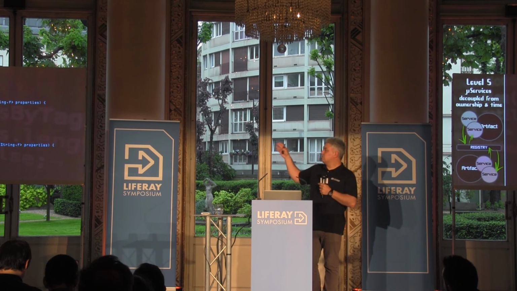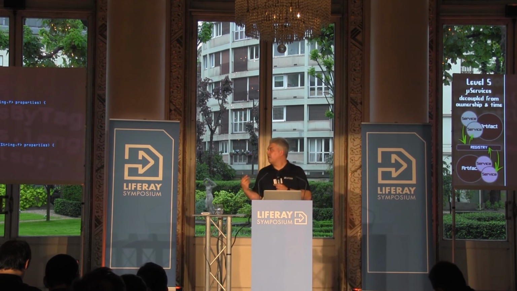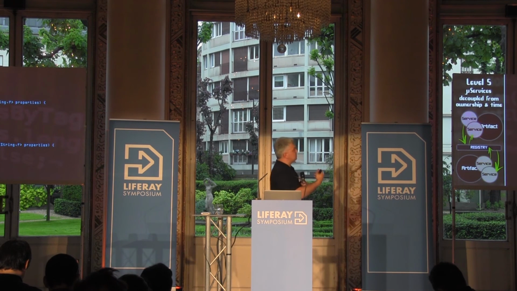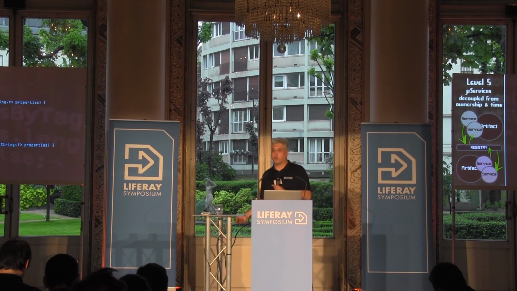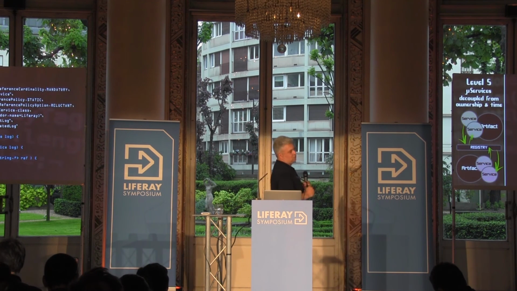There are also three other annotations like activate, deactivate, and modified, which define which method in your class needs to be called when something like this happens, like your service is activated or deactivated or changed. The flip side of that, consuming a service, is the @Reference annotation.